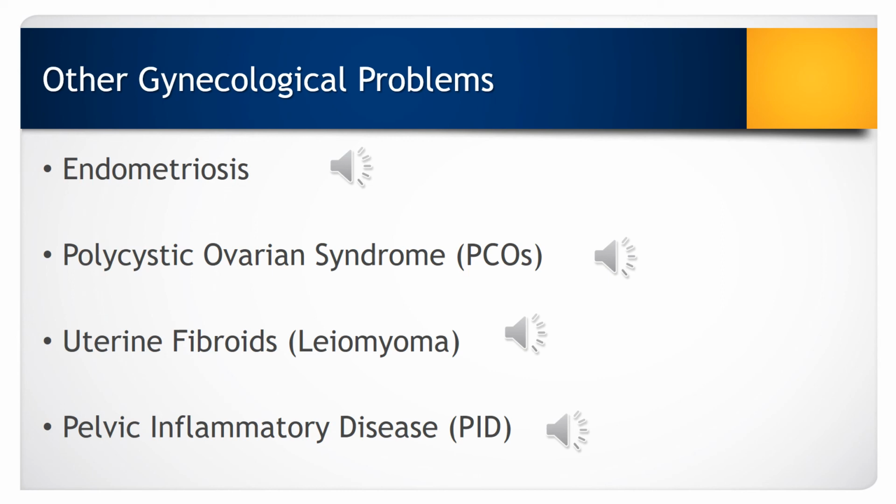And so when we think about endometriosis, polycystic ovarian syndrome, and even uterine fibroids, which I'll discuss next, we have to not only consider physical complications, but also the psychological effects that these disorders can have on a woman, especially when she is trying to conceive.